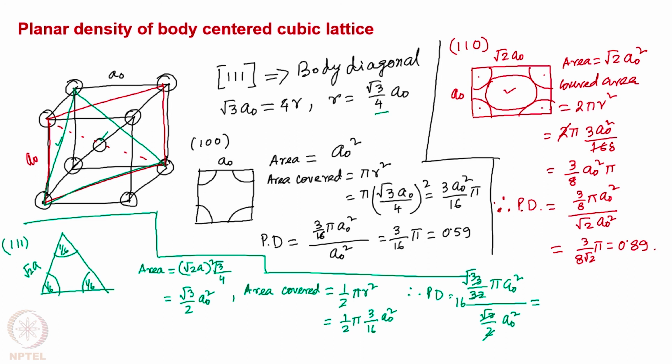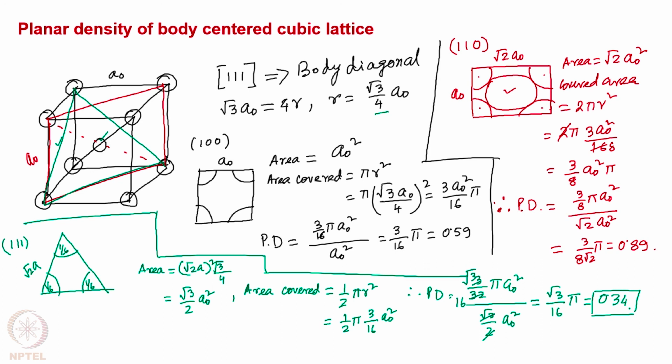You can work it out, so it is equal to root 3 pi by 16, which means the value turns out to be 0.34, a very small number.